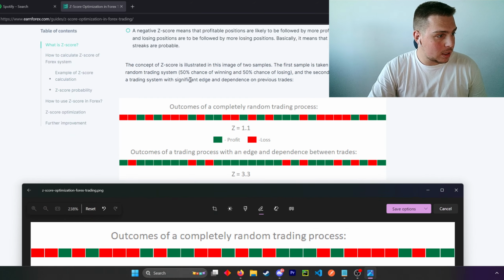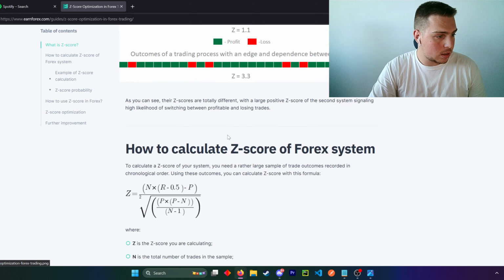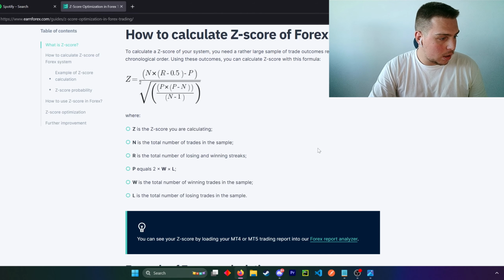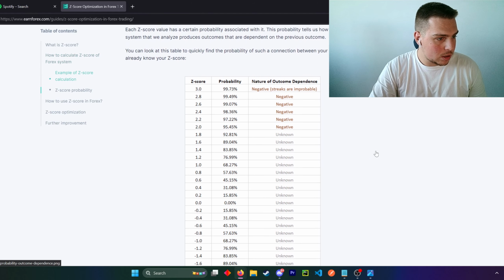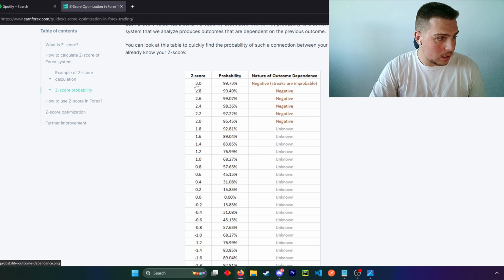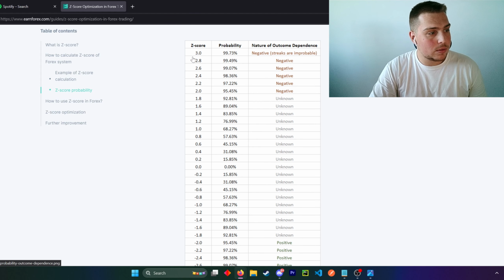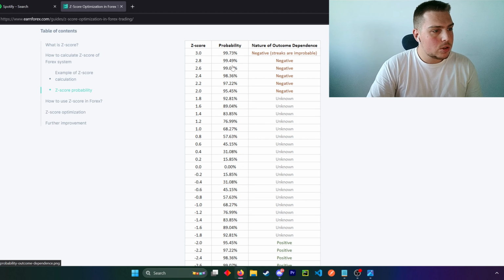I'm gonna put the article here, they explain it very well, how to calculate it and why it even matters. So if you have a Z score of three, I don't remember exactly ours, but it was close to three, there's a 99.7% probability that streaks are improbable, right?